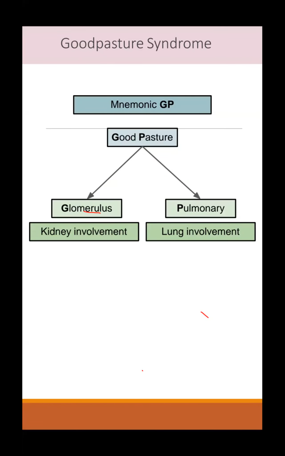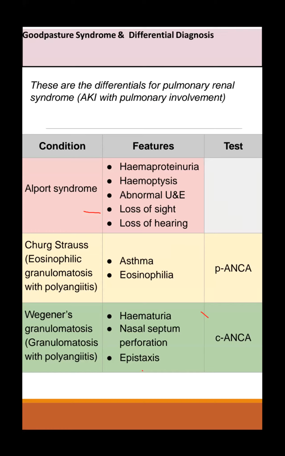If I want to differentiate, very high-yield topics for the exam: Alport syndrome, Churg-Strauss syndrome, every topic, my DHA, heart, ACL, every topic is very important. Just listen very carefully. In the test they ask the diagnosis. Just remember this chart.